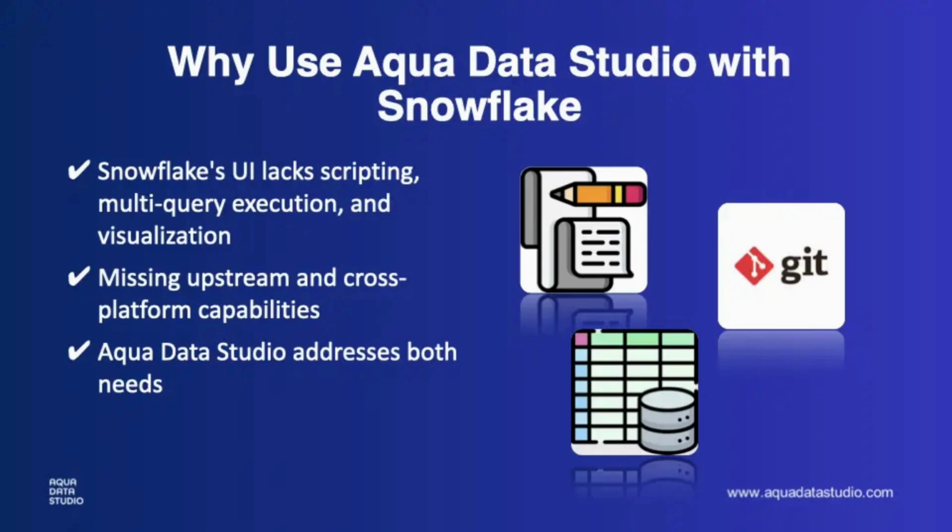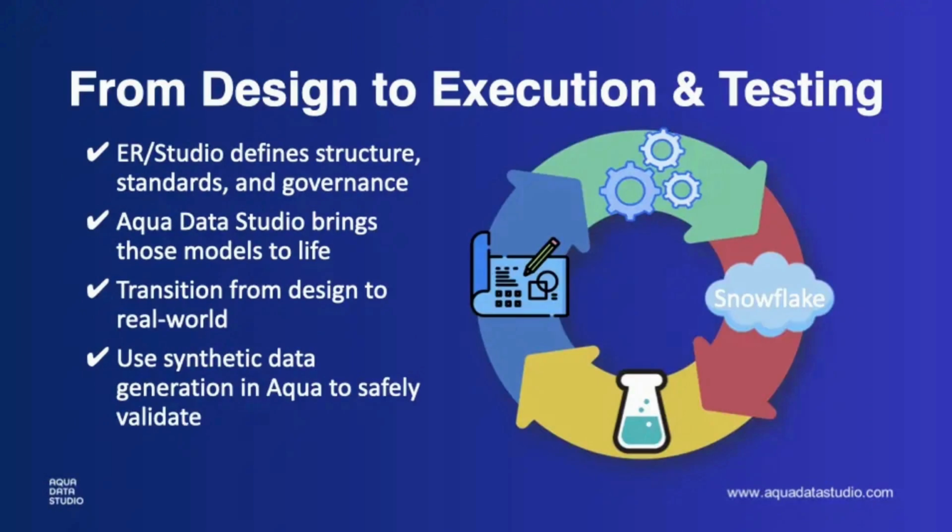Secondly, it doesn't support some of those essential tasks like upstream data validation or synthetic test generation, Git integration. As we saw with ER Studio, you can load your model into your Git repository, or even schema lifecycle management in Snowflake. But Aqua Data Studio addresses all of these needs. And this is where Aqua Data Studio can really enhance the capabilities in your Snowflake environment.